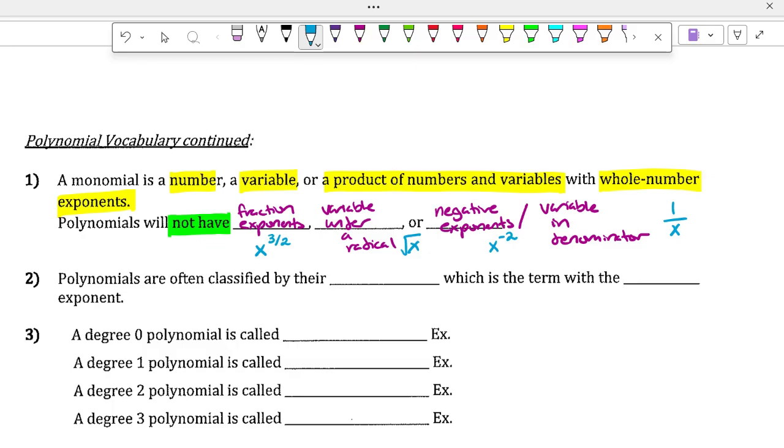So polynomials are often classified by their degree, which is the term with the highest exponent.